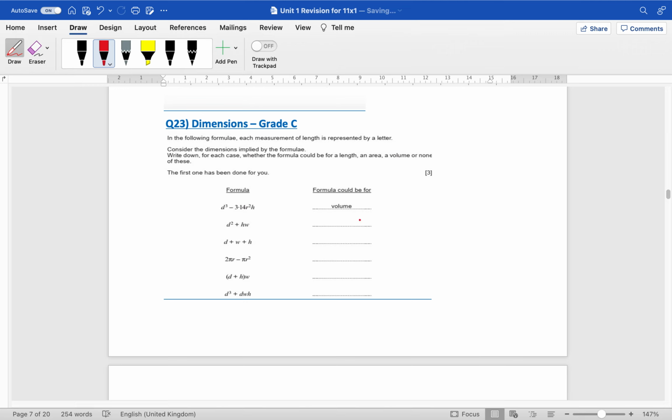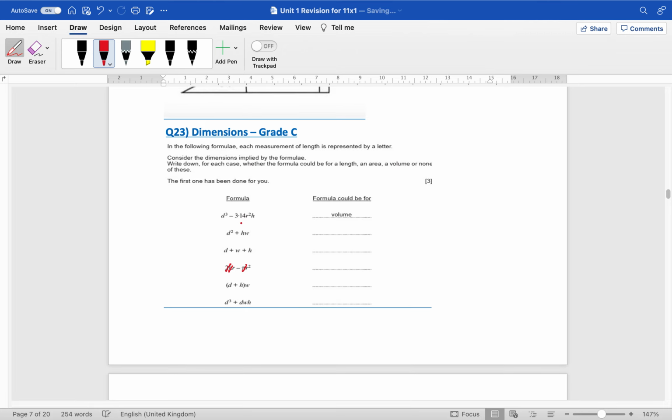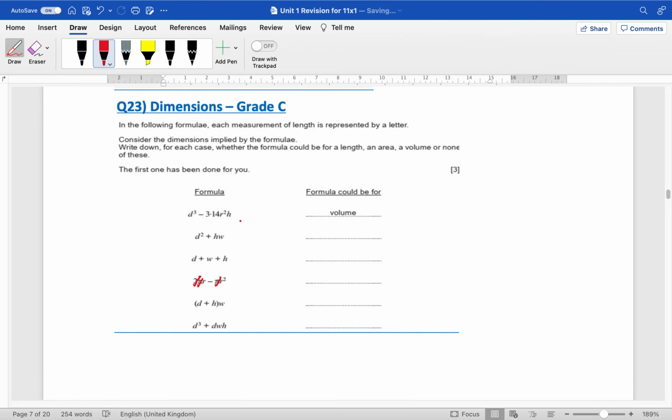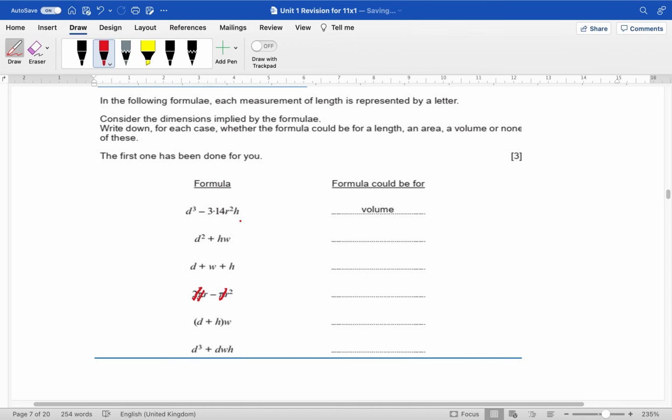Dimensions, remember, get rid of numbers and get rid of pi. So the 2 and the pi there can go. Let me zoom in a bit more on this one. Can I zoom in? Yeah, okay. What are the numbers? Oh, I've got a 3.14 there, get rid of that. And then look at each term separately and decide if each term is a length, volume, or area. So d squared is an area, hw is an area, so that's an area.